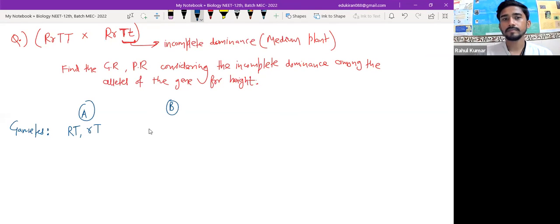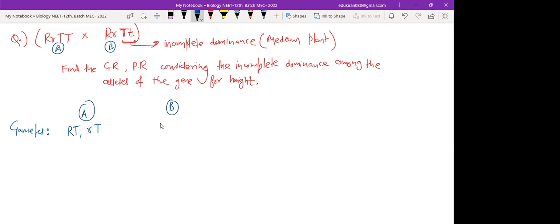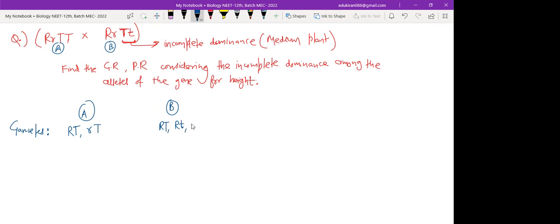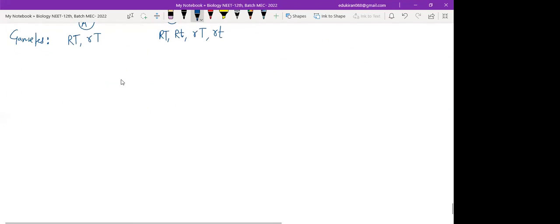And for parent B, what for B? Capital R, capital T, capital R, small t, small r, capital T, and small r, small t. Okay. Right.